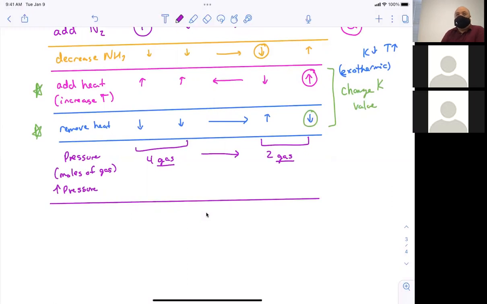Like Andrew said, if you want to think about it with collision theory, when you increase pressure, you force more collisions. If you force more collisions, the molecules that are in greater abundance will collide with each other more often and make the molecules that are in less abundance. Practically speaking, that means it's going to shift to the right.